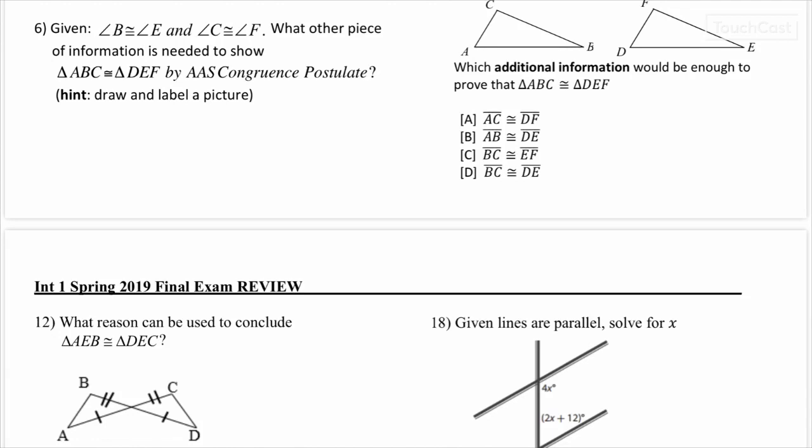Alright, so number 6. Given that angle B is congruent to angle E, C is congruent to F, what other piece of information do I need to show? Now I want angle, angle, side, so that's going to be huge.